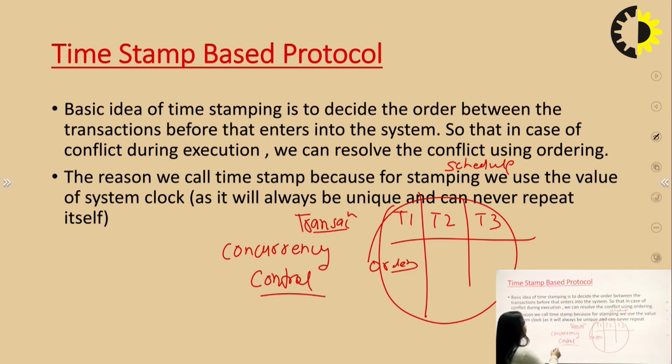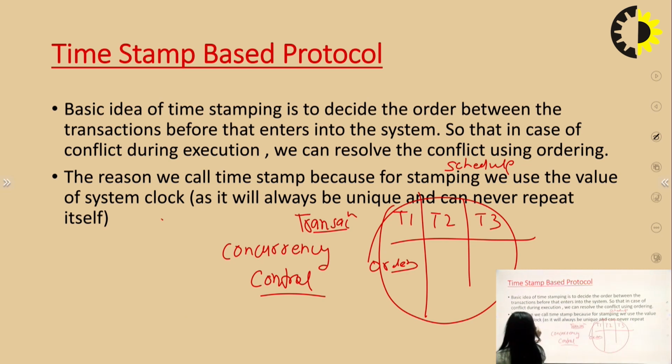So the timestamp based protocol is a concurrency control protocol. The basic idea of timestamping is to decide the order between the transactions before they enter into the system. What does it mean?